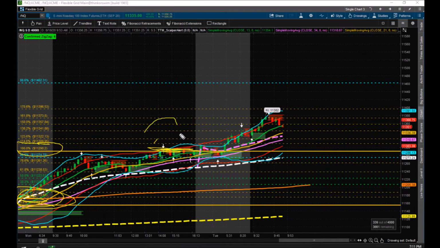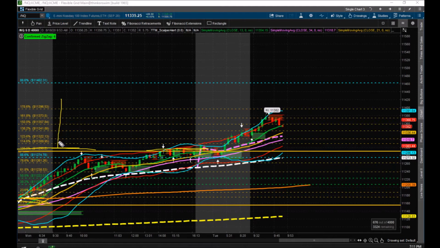This is how I got these lines over here on top. So hopefully, you guys understand how I do my Fibonacci for this particular trade. Again, it's from the previous low to the previous high.